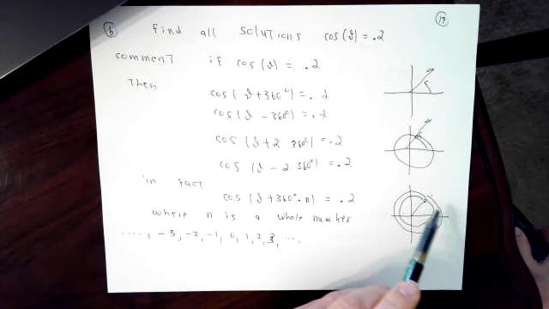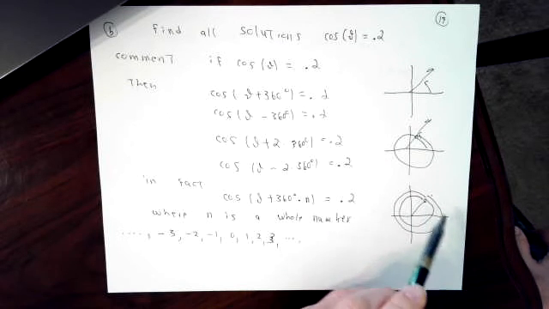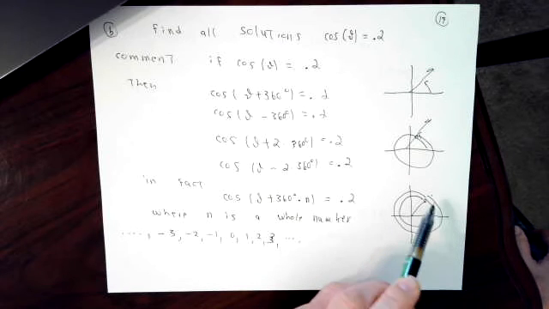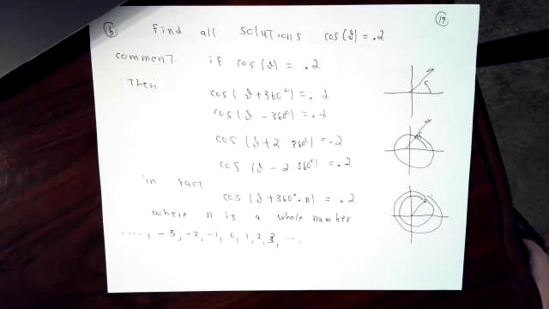You could make your angle go completely around in a circle, go completely around another circle, and that will also end you up where you were before. Cosine will still be 0.2.